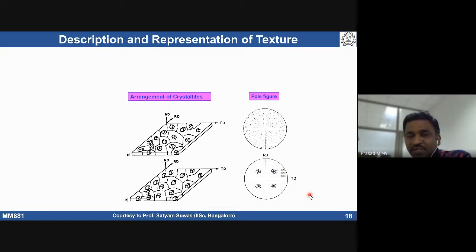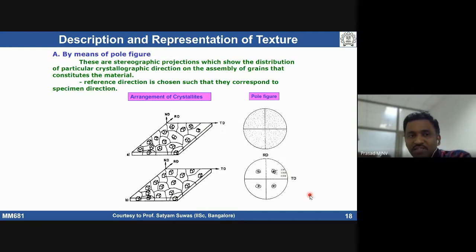The description starts with pole figures. By using a pole figure, we can describe the texture of a material. For example, if it is a random material and I take a particular projection, after X-ray diffraction, if you do bulk texture X-ray diffraction, I get spots everywhere.